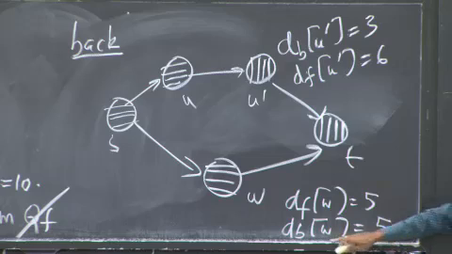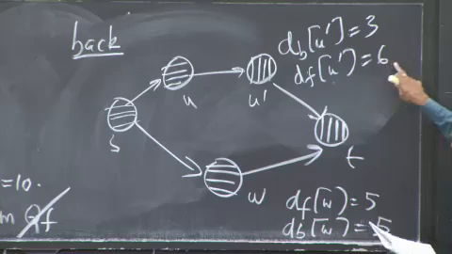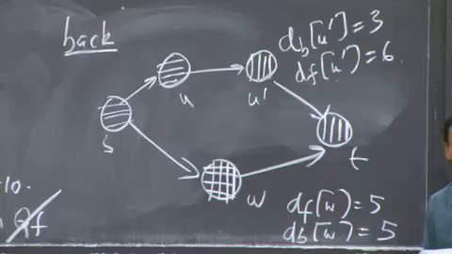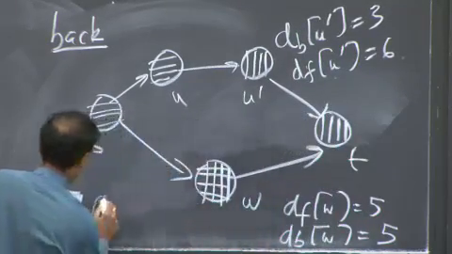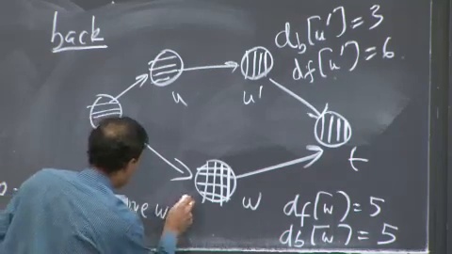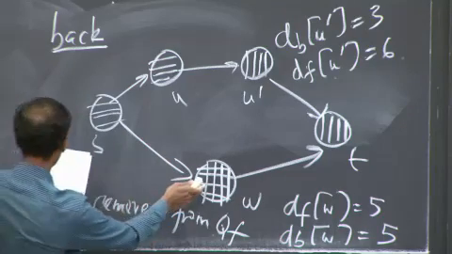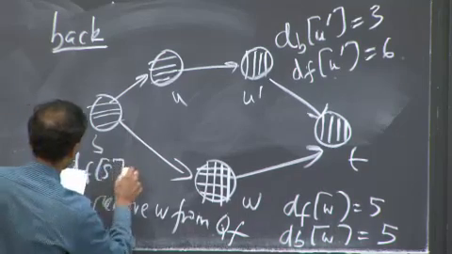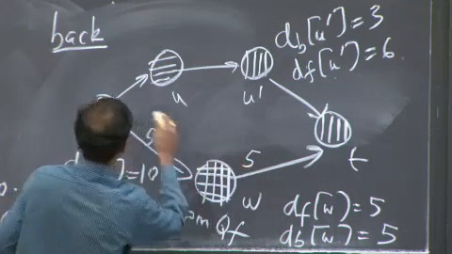Again, you compare W, and you see that DB of W equals 5, and DF of U prime equals 6. So therefore, you will pick W and remove it from QF, and process it. And what you end up with is DF of s equals 10. That's what you get because this is a 5, and that's a 5.